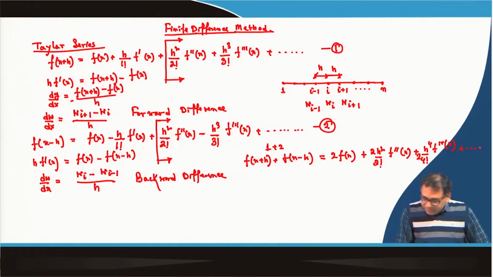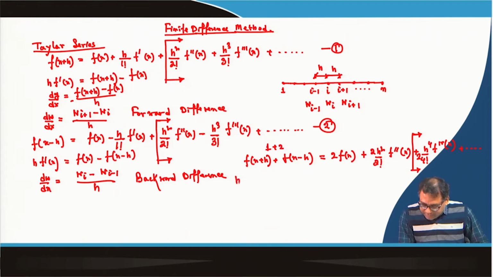Now, if I neglect these fourth-order terms, then this 2 will cancel out. So, h squared f dash dash (x) is equal to f(x+h) minus 2 f(x) plus f(x-h).